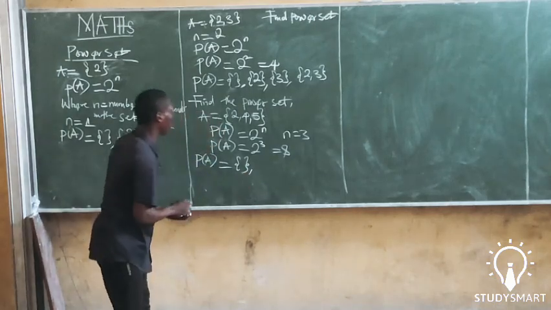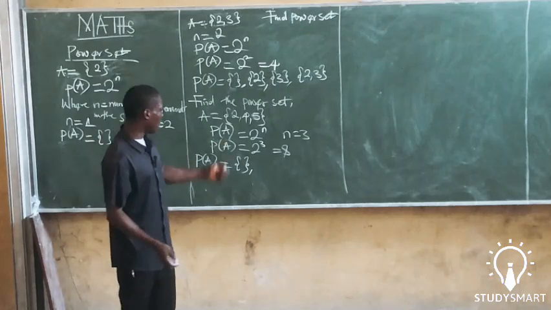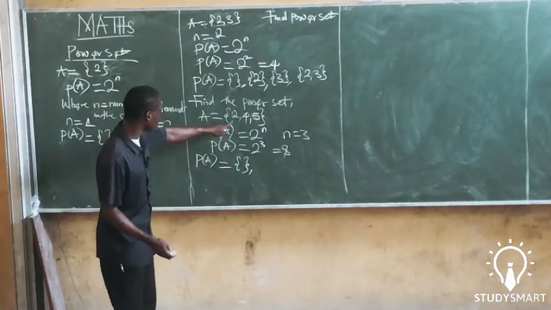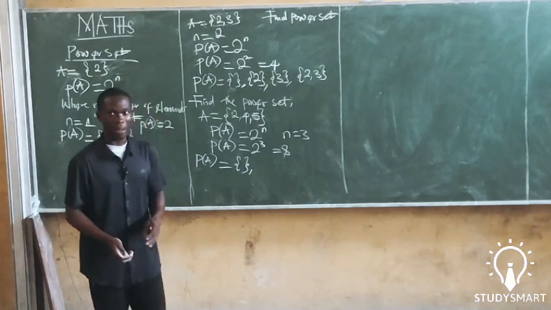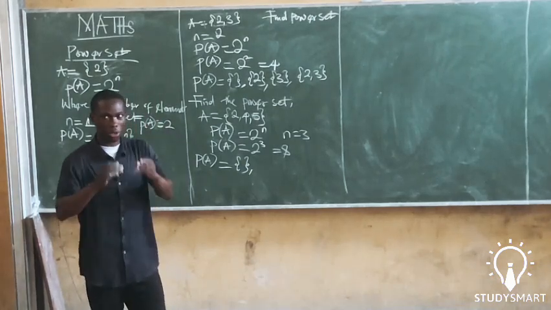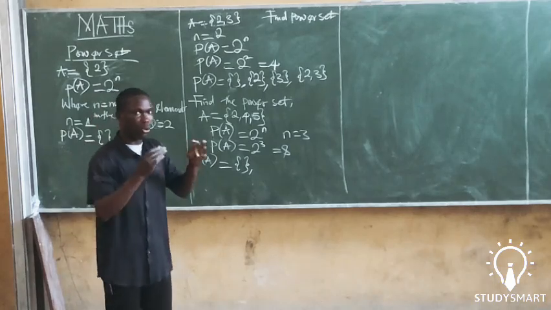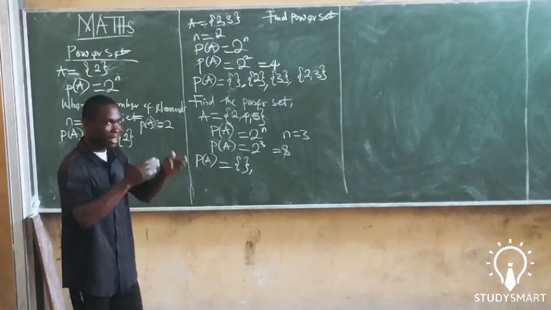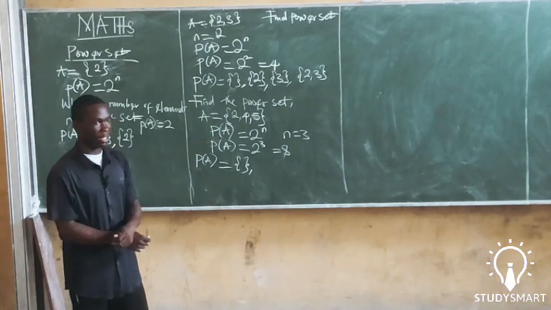We separate by a comma. And then from the elements in the set, don't forget I said we're going to be taking them individually. Then from individually, we take them in twos. Then after taking them in twos, we take them in threes, just the way they are.